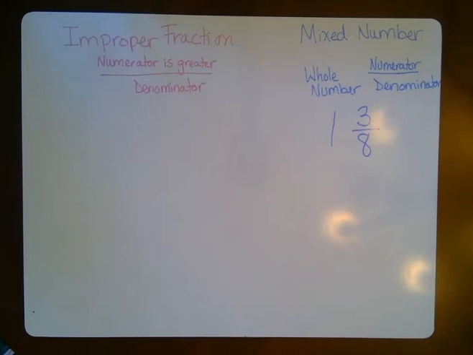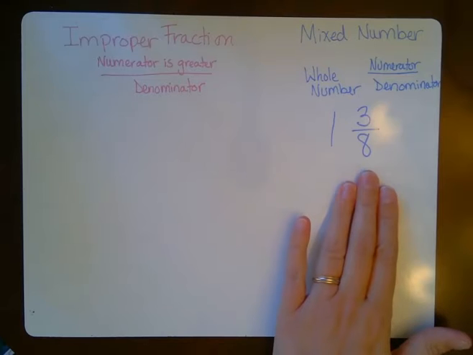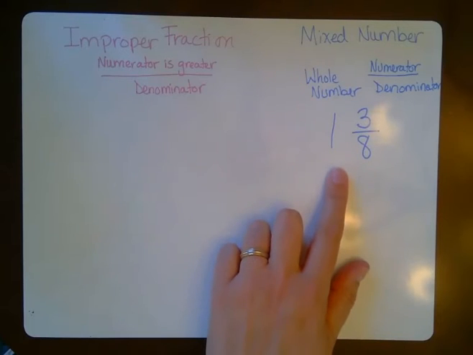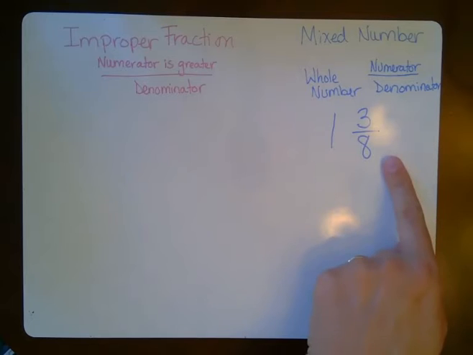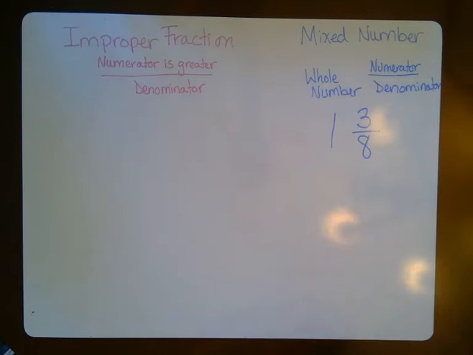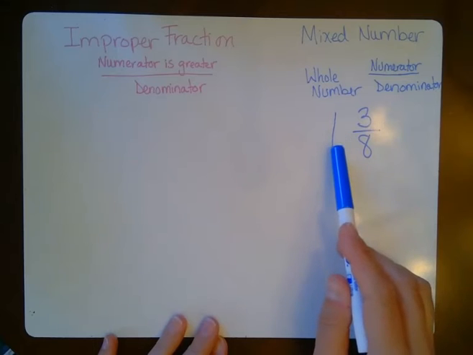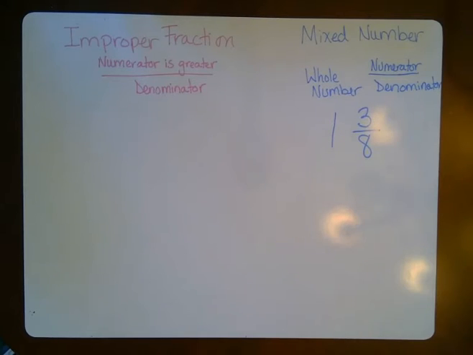Let's now take a look at drawing a model ourselves when given a standard form fraction. This standard form is a mixed number, which means I need to show 1 3/8. You guys are rock stars at showing this. So you know that when I'm dealing with this mixed number, 1 3/8, that means that I'm going to have a model that's split into 8s.